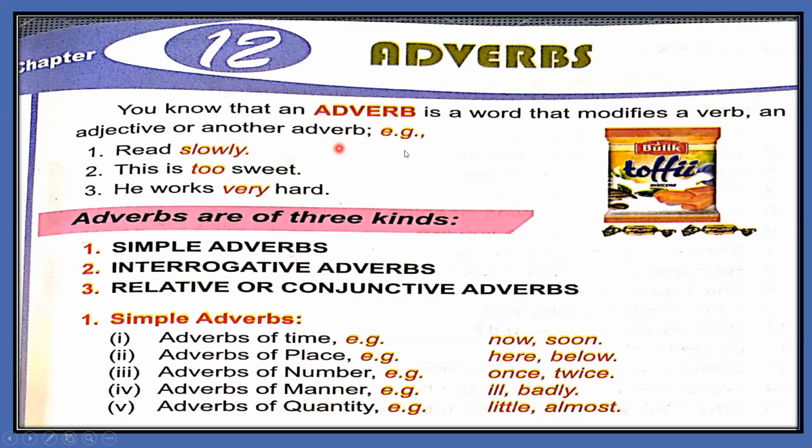Understand, dear students? In the first sentence, slowly is about the verb read, and here too is modifying sweet, an adjective. And we always put the adverb before the adjective.